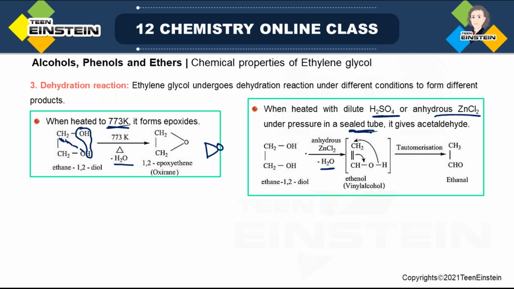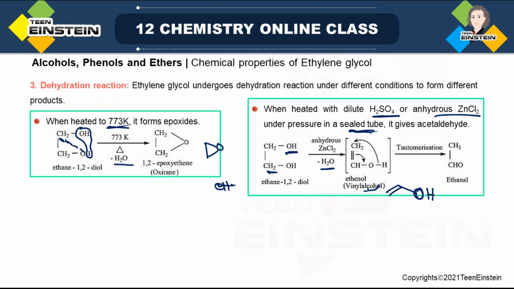If you remove this H and this OH, then there will be C=C double bond formation. Now this is known as vinyl alcohol, because the vinyl group is this one, a C=C double bond, then there is OH. That is why the name vinyl alcohol, or you can call it ethenol. But remember, it is a type of enol, because enol means what?